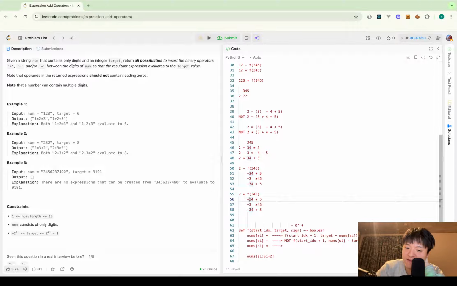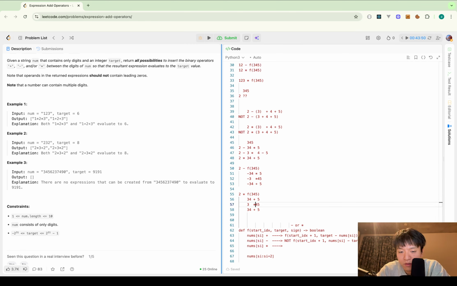In the case of multiplication, the hard thing is these two affect later. Minus can't come first. So maybe in this case, this 2 times affects 3, 4. But in the case of this multiply, 2 affects only 3. So I actually have to add not only the sign, but also the multiplication factor here.